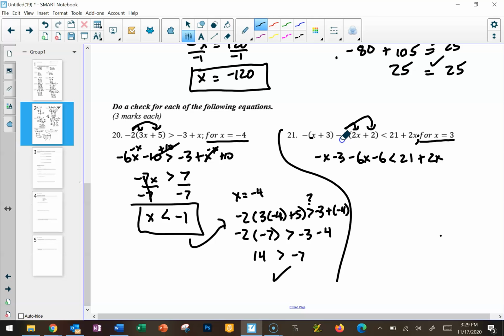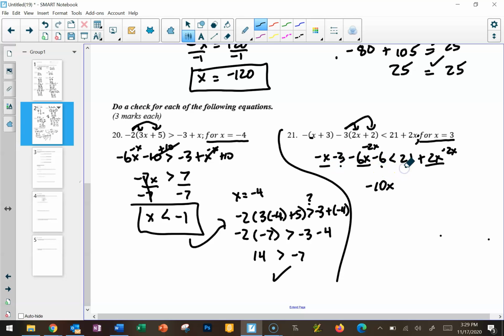Okay, let's bring the x's over. So I'll just underline my x's to make it a little easier on myself. I have to subtract 2x from this side and from this side. So I've got -x minus 6x is -8x, minus 2 more x's is -10x. So I took care of all my x's. And what have I still got left on this side?